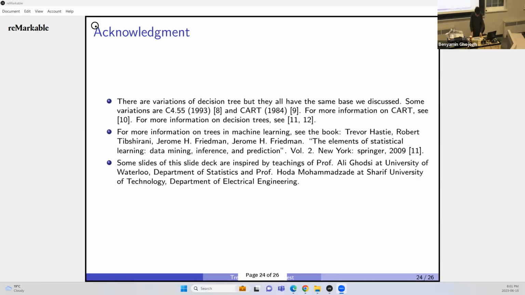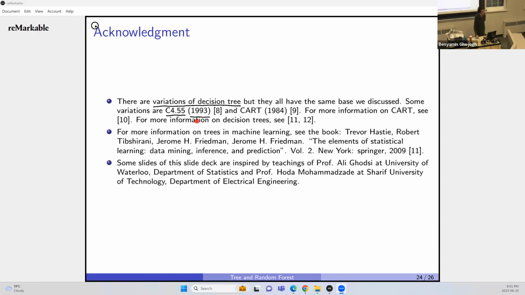Okay. There are variations of decision trees, but they all have the same base we discussed. Some variations are these. I won't go into the details of these, but you can take a look at all of them. The base is the same. They have some weird names such as C2, C3, C4.5.